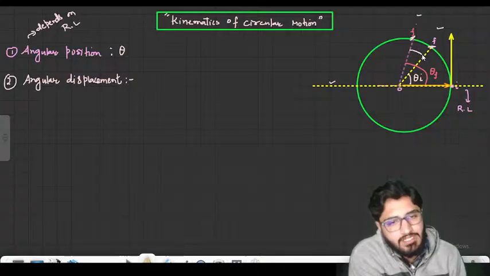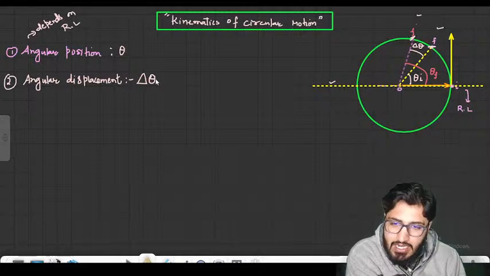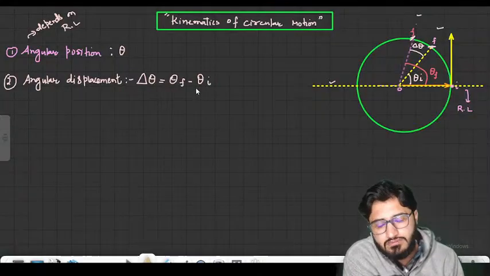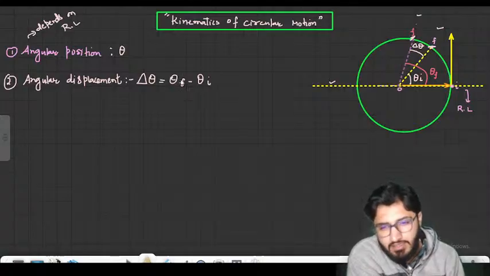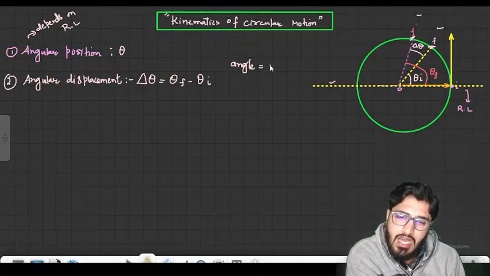I guess the displacement here is delta theta. So angular displacement means delta theta, and delta theta is nothing but the final angular position minus the initial angular position. Clear now? And do you know what is angle? Angle is arc by radius.